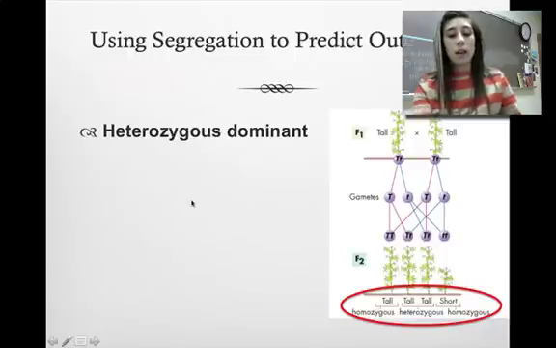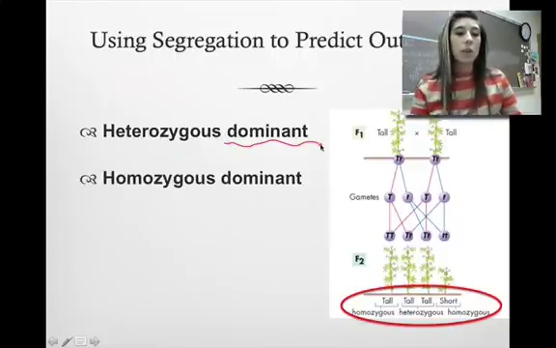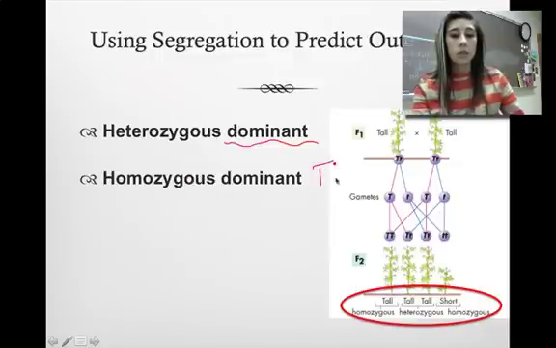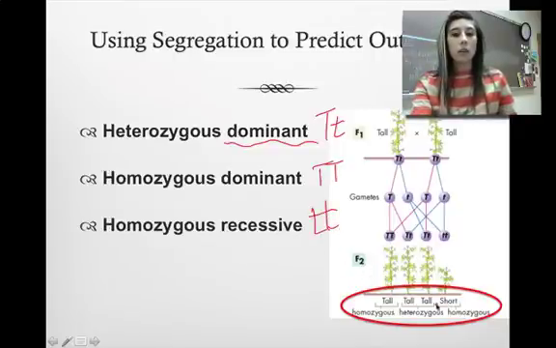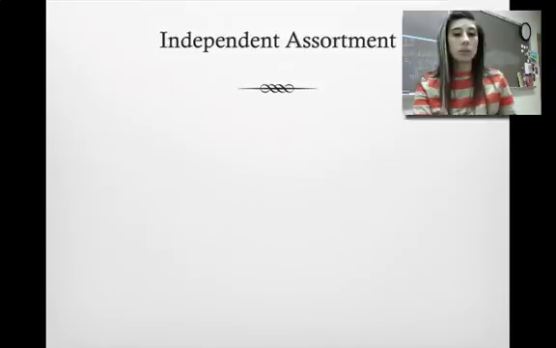You can call it heterozygous dominant just to remind yourself that it is dominant. Terminology may also say homozygous dominant, so that's your big T's, and then your homozygous recessive will be 2 little t's or 2 little a's, or whatever letter you're choosing to represent your alleles.